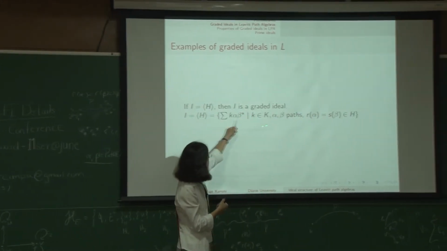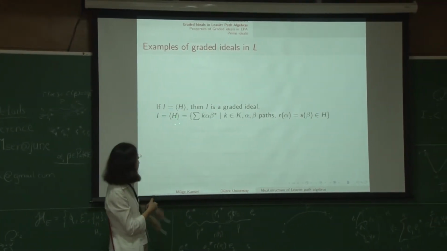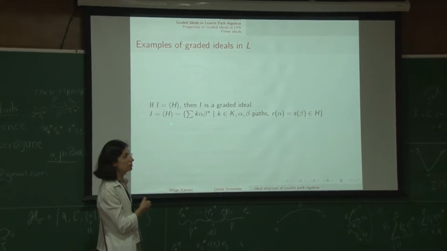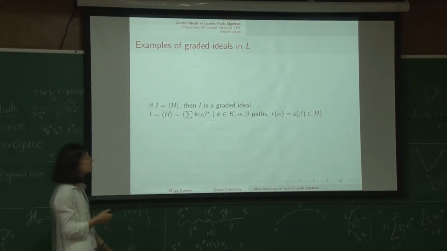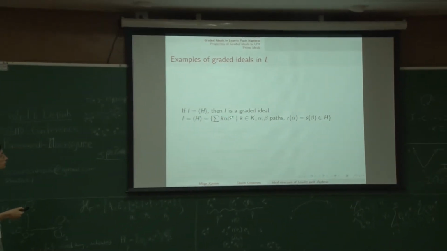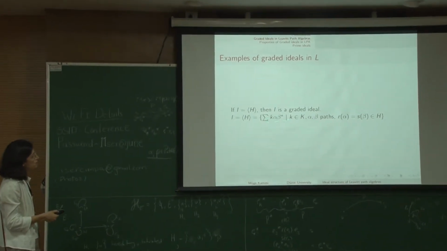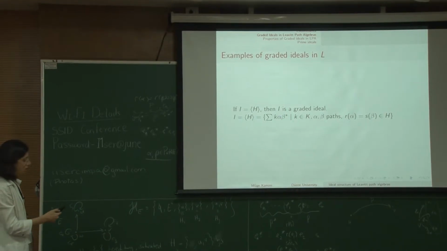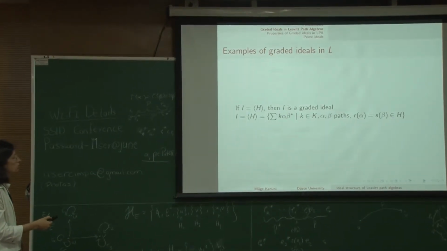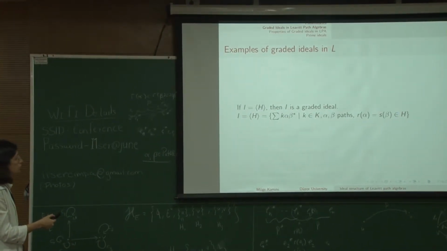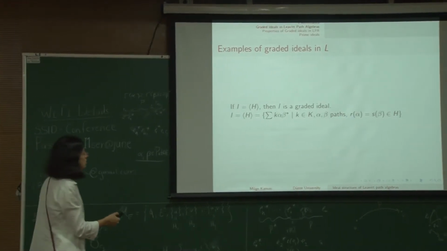It is clear that this set is always going to be a subset of the elements in here; the converse requires more, but it's not hard to do. This is a graded ideal. It consists of homogeneous elements, so it's generated by a set of homogeneous elements, hence it's graded.